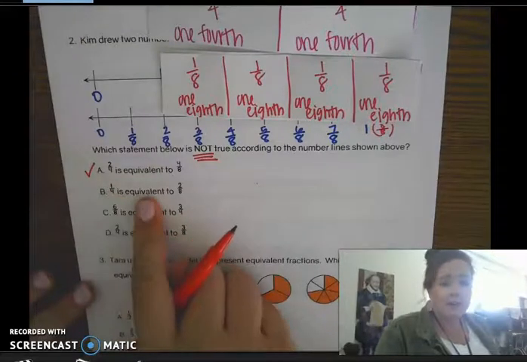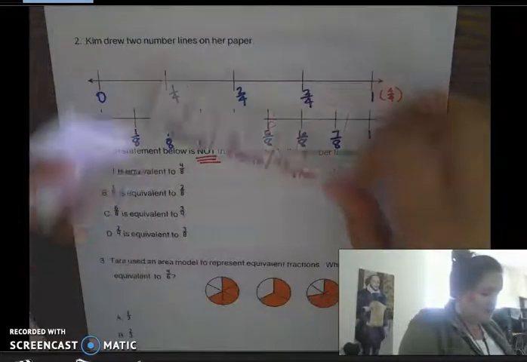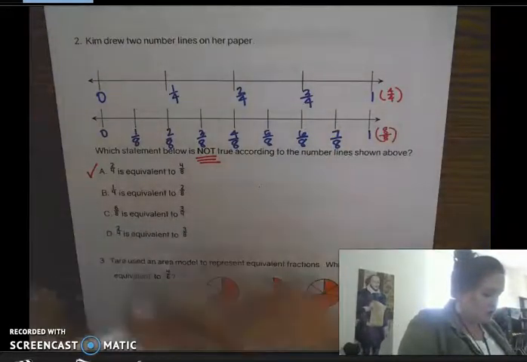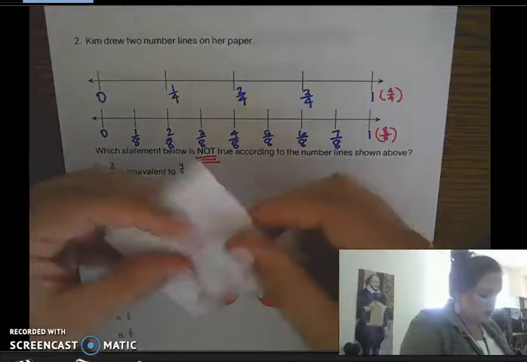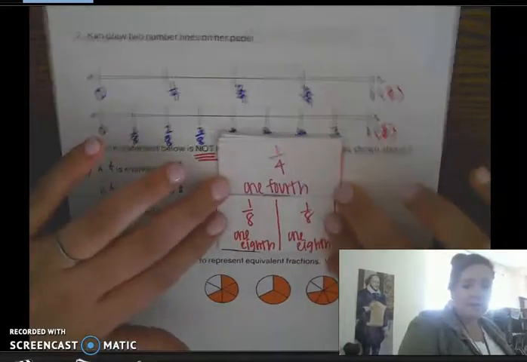1/4 is equivalent to 2/8. Well, I'm going to get this piece out again. Are those 2 fractions equivalent?